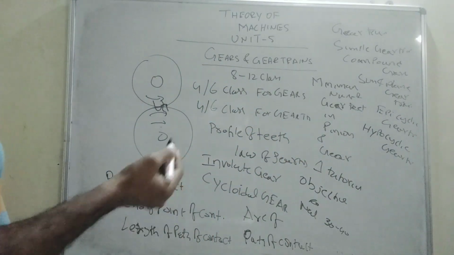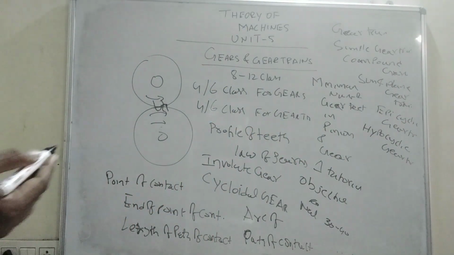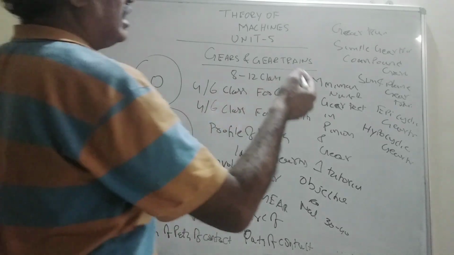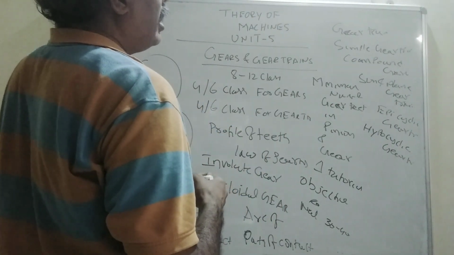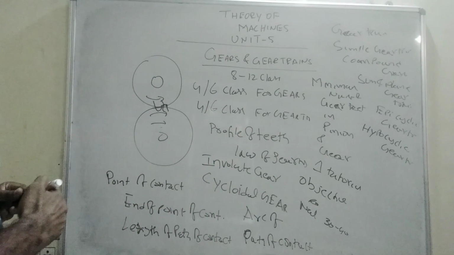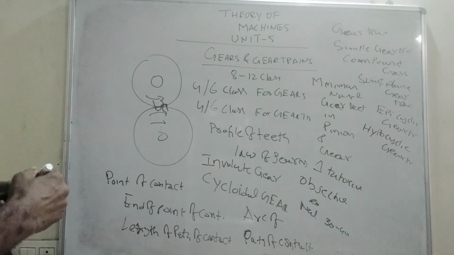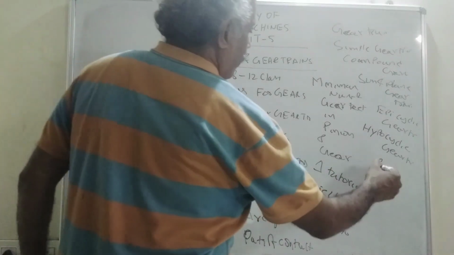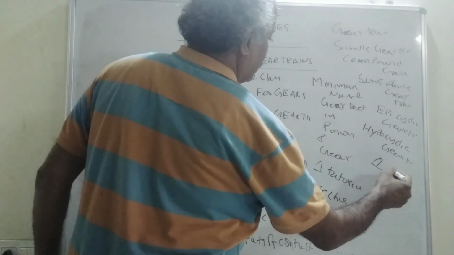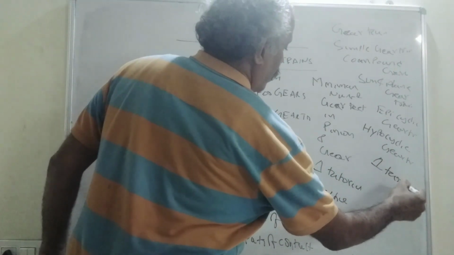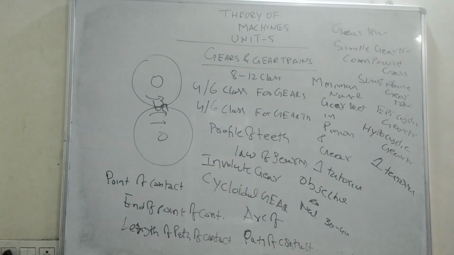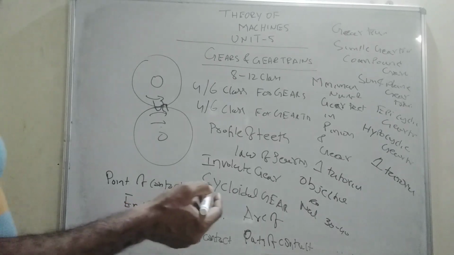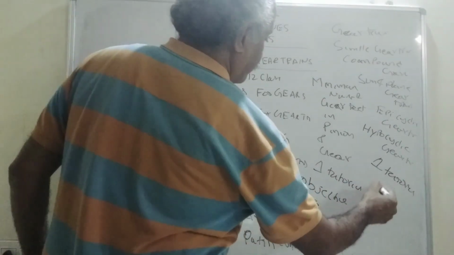You can take nearly 4 classes for discussing the problems of each type of gear train, and derive the formulas, and then conduct one 15-minute tutorial class for students to solve problems of these gear trains.